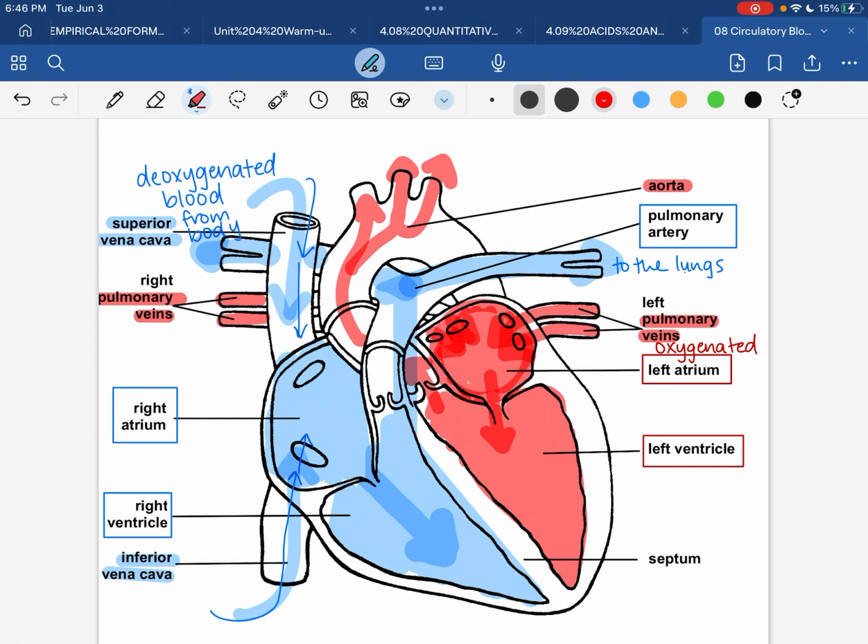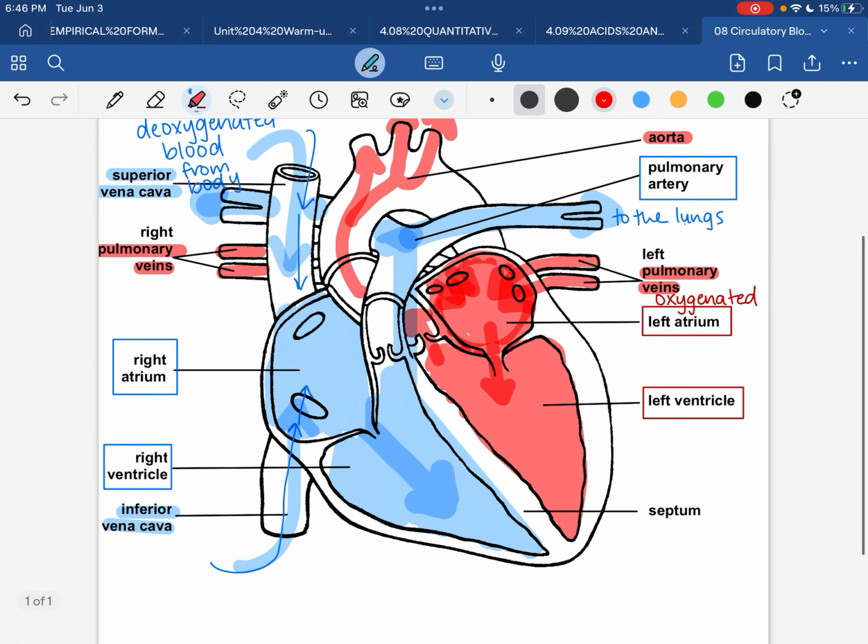And yeah, so then what we're missing here is the septum. So I'm going to go ahead and I guess I'll put a box around it in black because it doesn't contain oxygenated or deoxygenated blood. The septum is the piece of tissue in between the left and right side of the heart.